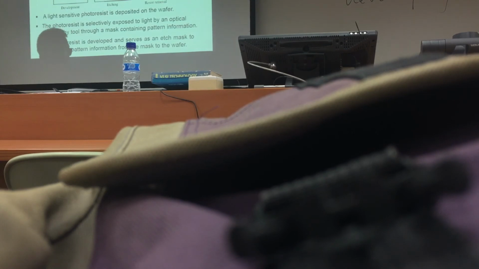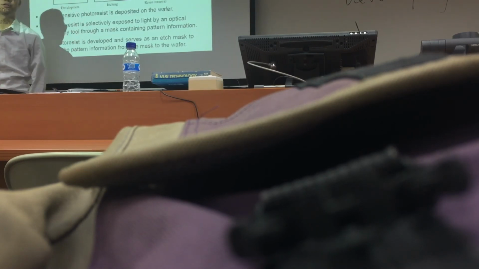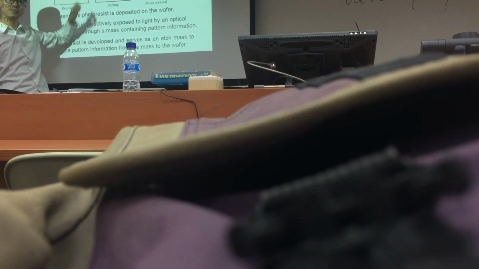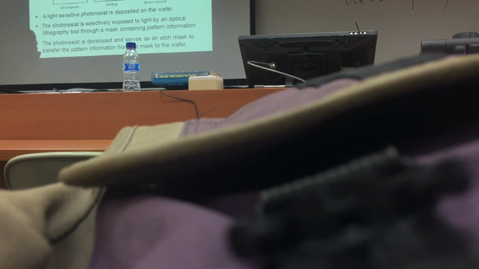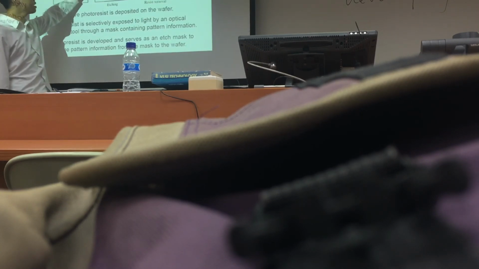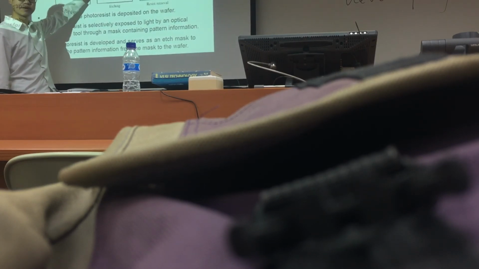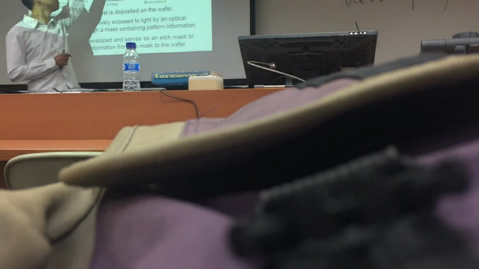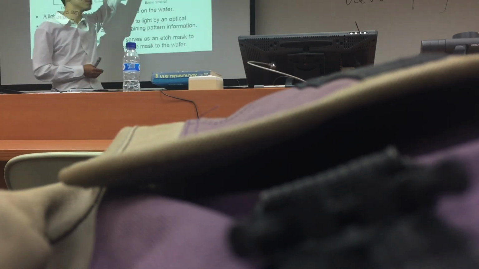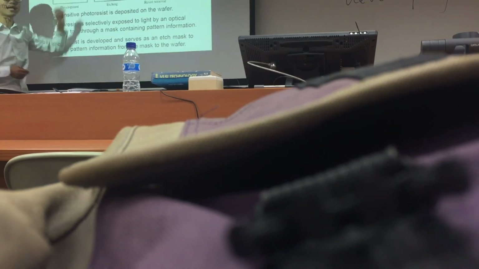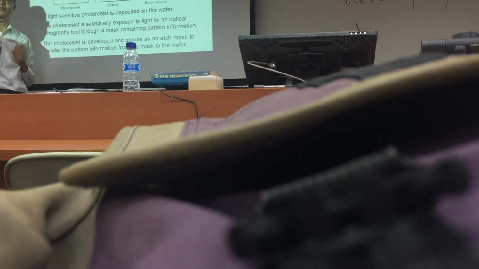Of course, depending on the chemical you use, the etching can also etch the PR. That's why a very important thing during etching is that this is also a mask. This mask is different from that mask. That mask is the one used for exposure in the lithography, but this one is used during the etching. But we also call it a mask.